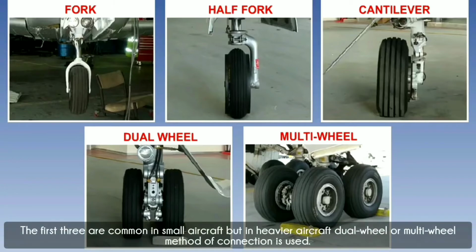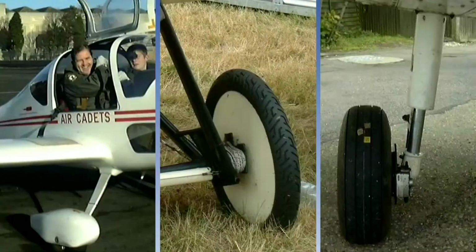The first three methods are common in smaller aircraft, but in heavy aircraft, the dual wheel or multi-wheel method of connection is used.